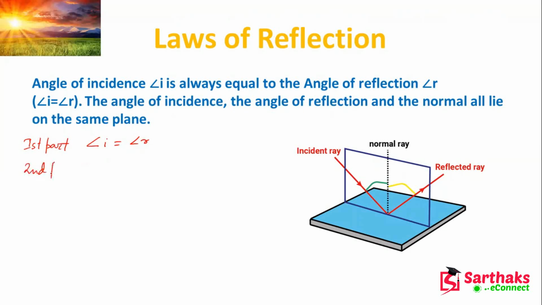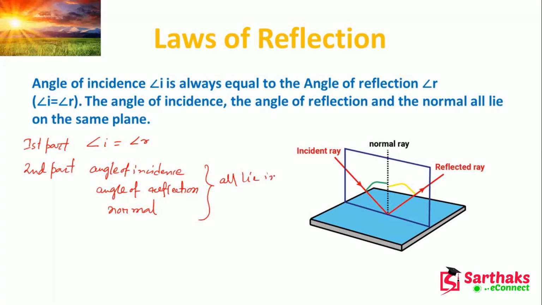And the second part, which you always have to say along with the first part, is that the angle of incidence, angle of reflection and normal, these three all lie in the same plane.